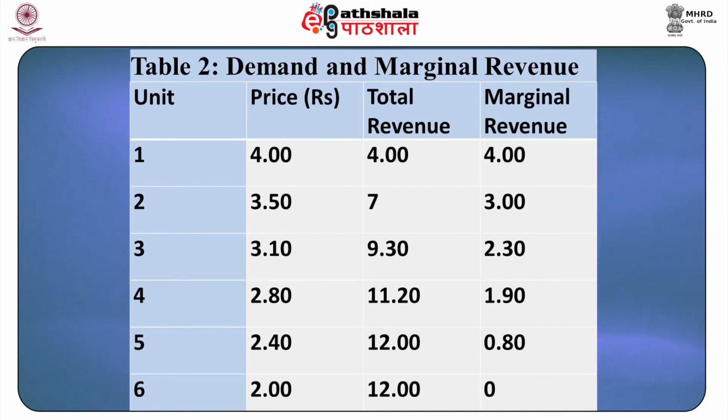Hence, MR is rupees 3 in this case, or the additional revenue earned by selling an extra unit is less than the price. You should verify the relation between price and MR for the third, fourth and fifth units for yourself based on this data. Note that MR falls as price is further lowered and eventually reaches 0 and becomes negative thereafter if price is further reduced.